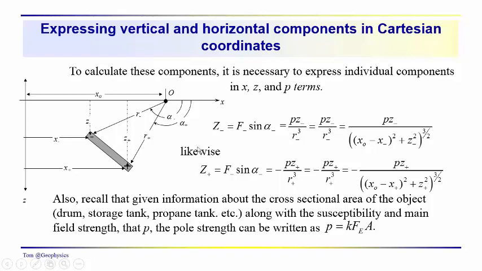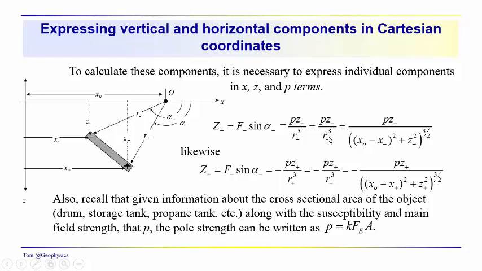Now, if you do that, you're calculating the magnetic field intensity in the z direction, and so we have f minus times the sine of alpha minus, and that gives us p times z over r cubed. Remember, z minus over r is going to be the sine of alpha, so we have p over r times the sine of alpha, or p over r times z minus over r.